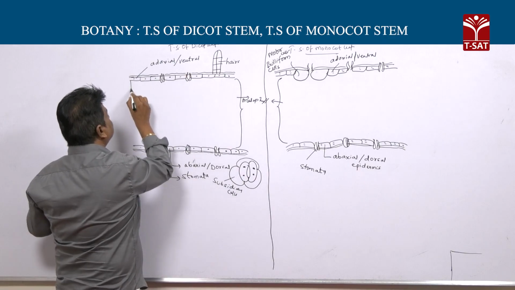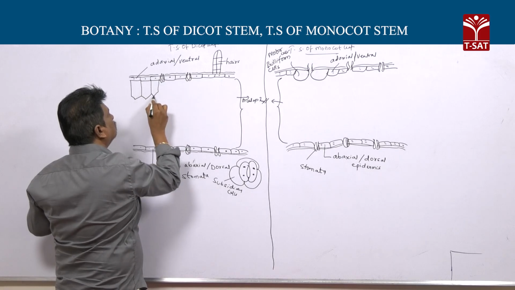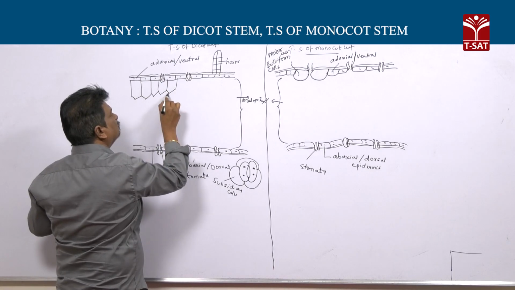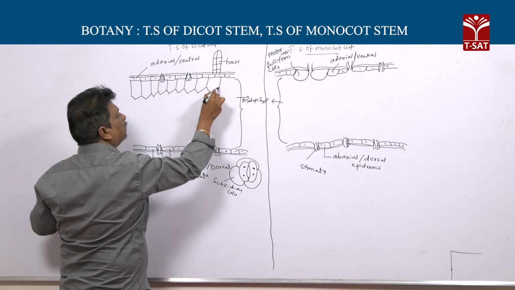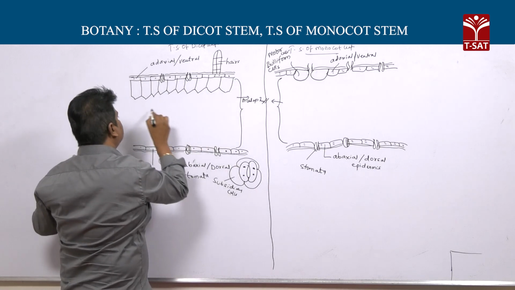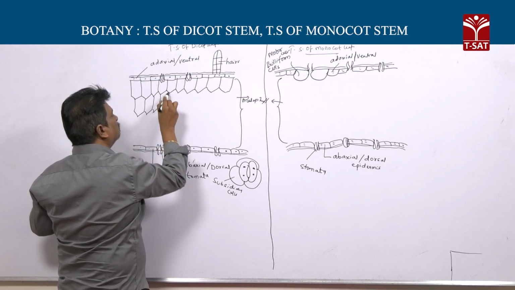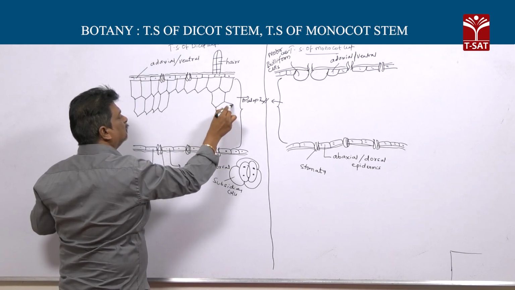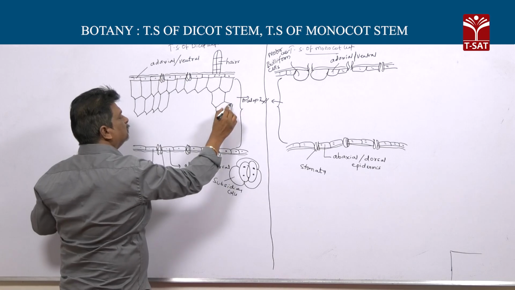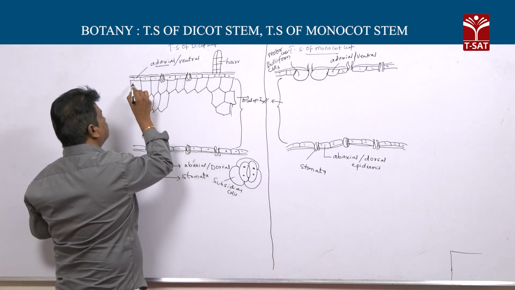In dicot leaf, the mesophyll is differentiated into upper palisade and lower sponge parenchyma. Palisade is present towards the adaxial side.